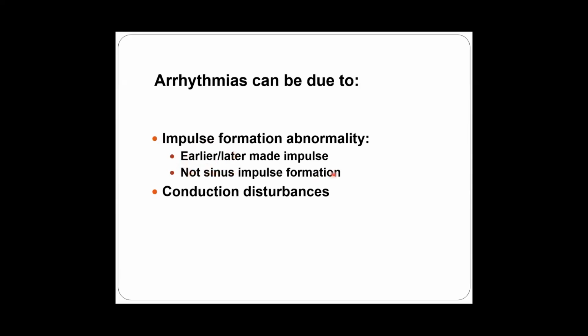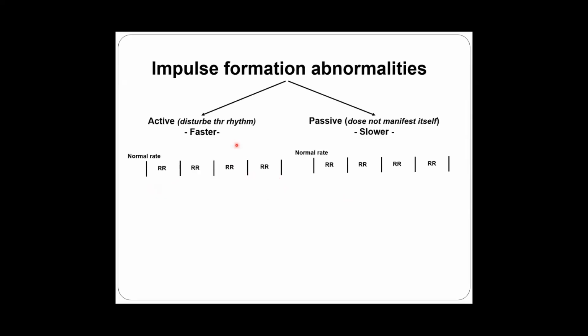Another thing that we will deal with next time is that we do have a normally formed impulse, however the impulse is not propagating to the ventricle normally. This is what we call conduction abnormalities. Now, let's see the simplest way of discussing the arrhythmias, based on time.